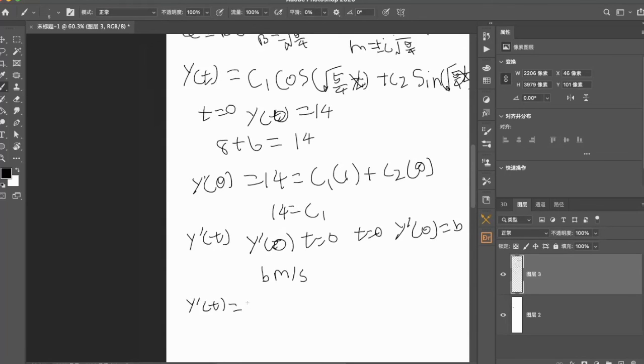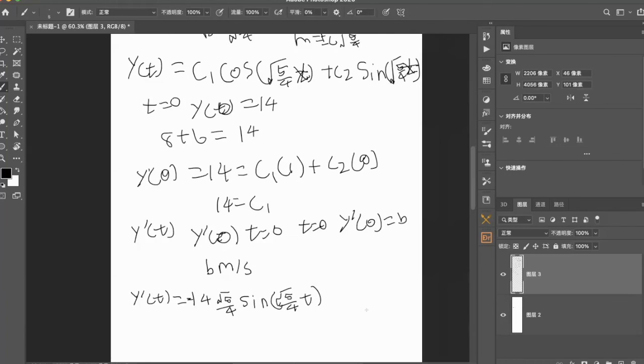We can solve it. Since y was the displacement, y prime will just be the velocity, and the initial velocity we assumed was b. And what was y prime of t? Well, you have y of t, you just take its derivative. It wasn't that hard. Then you plug in 0 for t, so y prime of 0 equals b.